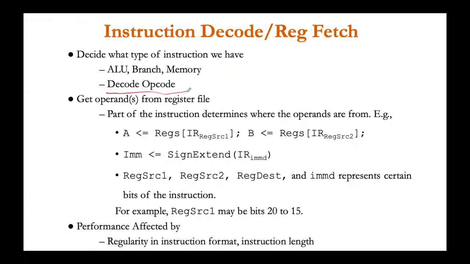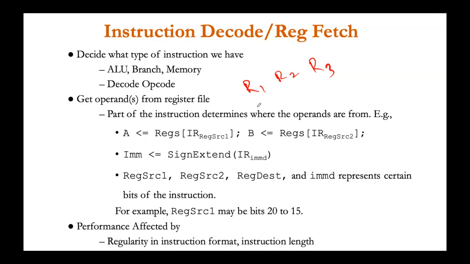Then it decodes the opcode, as we observed in the previous example. Then it gets the operands from the register files, in our example the registers R1, R2, and R3. That is part of the instruction that determines where the operands are from.